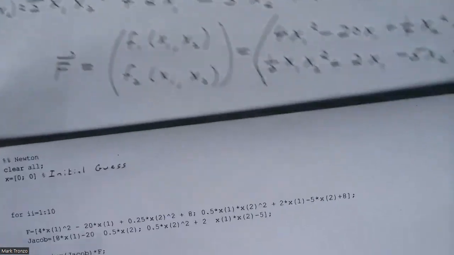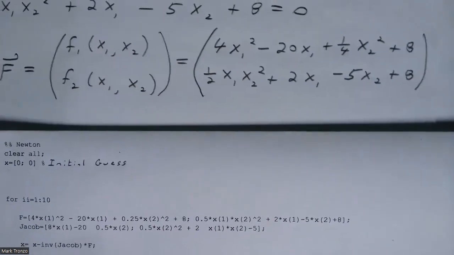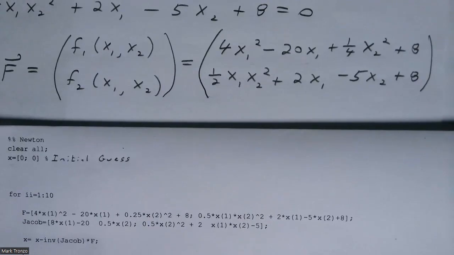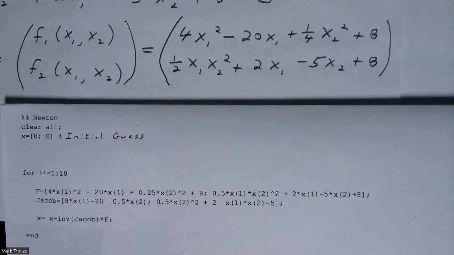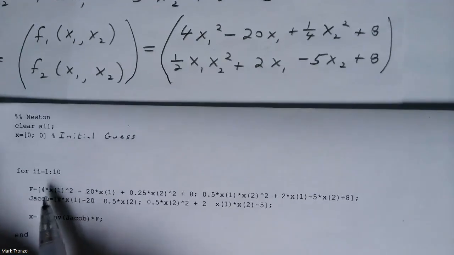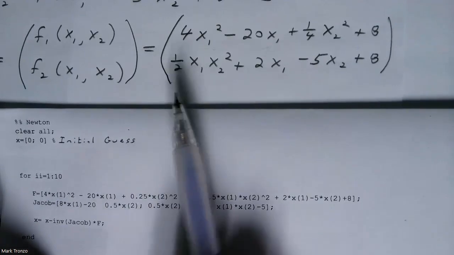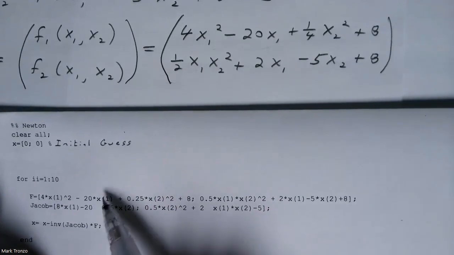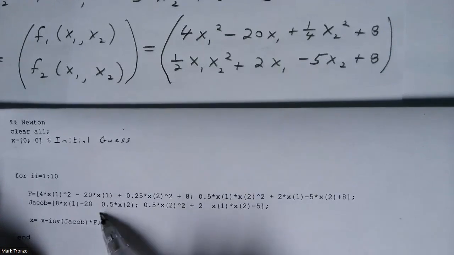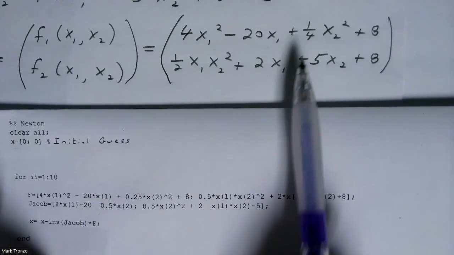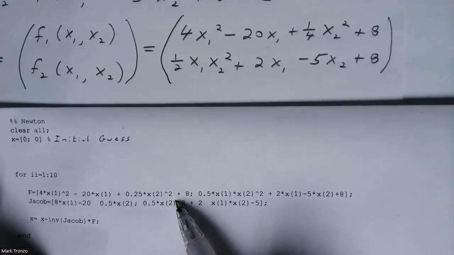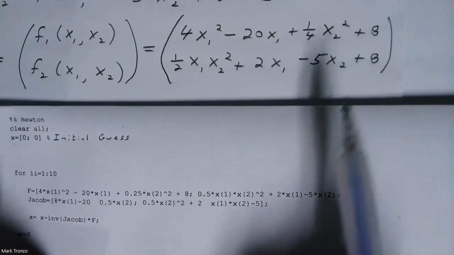Then I put our function in. So again, our function was this up here. So we have 4x1 squared minus 20x1 plus a quarter x2 squared plus 8.